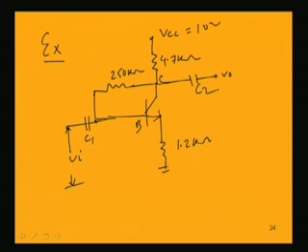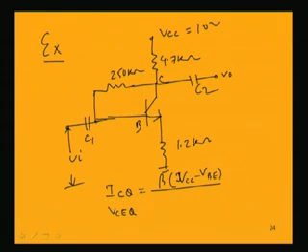Now, if we consider the DC circuit, then these capacitors will be removed. So we can find out ICQ and VCQ, which are the values of IC and VC for the operating point. For this particular case we use the expression beta into VCC minus VBE divided by RB plus beta plus 1 into RC plus RE, where RB, RC and RE are these resistances.